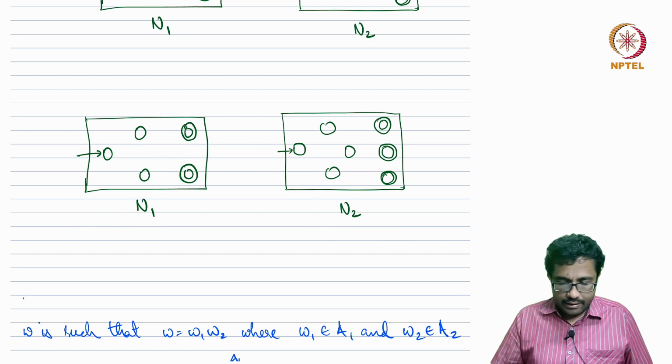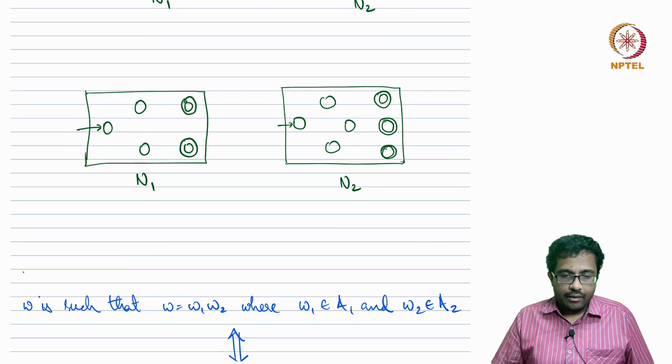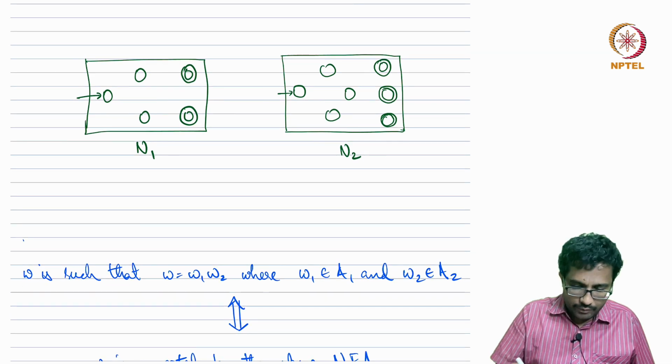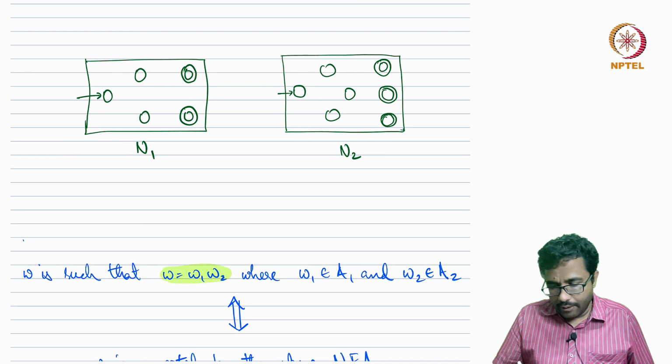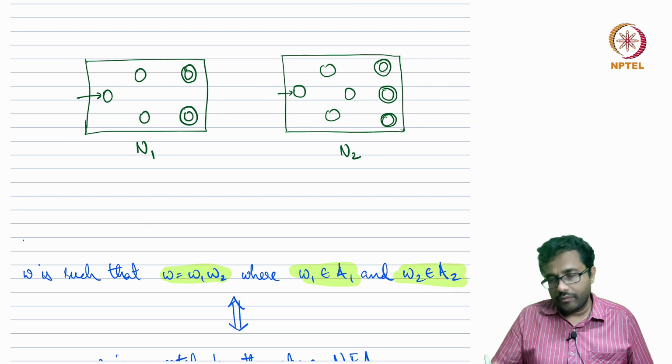What is concatenation? A string W will be in the concatenation language if the string W can be written as W1 W2, a concatenation of two strings, where the first string is in A1 and the second string is in A2.